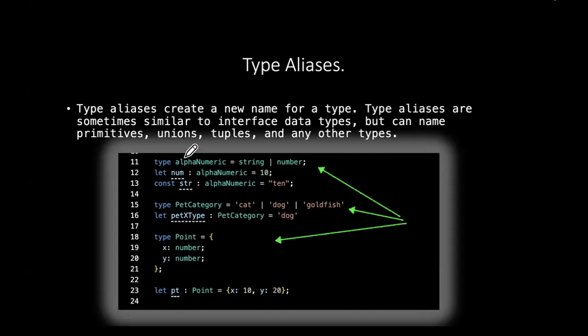So anyway, I'm declaring a custom type called alphanumeric, and I'm saying an alphanumeric variable could be a string or a number. So we interpret this as the or symbol. And by way of example, I'm declaring here a variable called num. I'm saying its type is alphanumeric and I'm assigning it a numeric value.